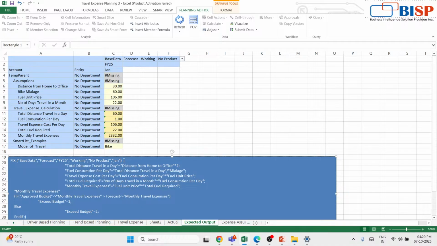This is the way we can do this thing. This is the formula which we have to implement. We have to take particular dimensions, different dimensions.